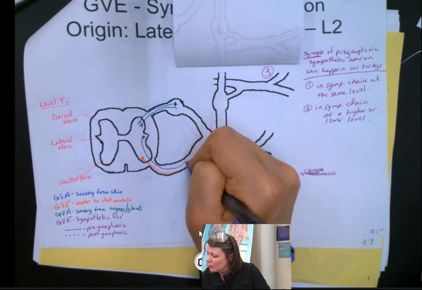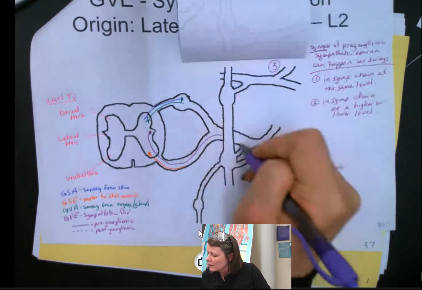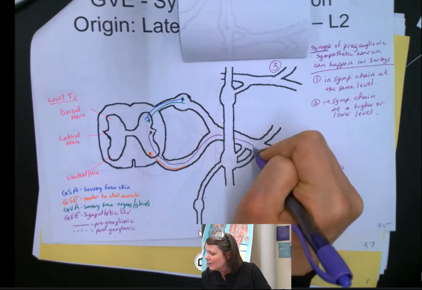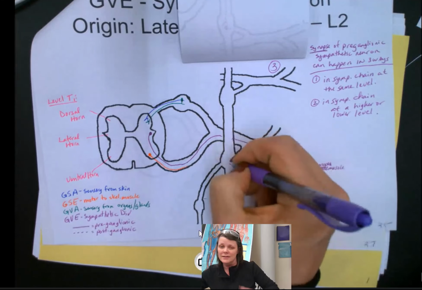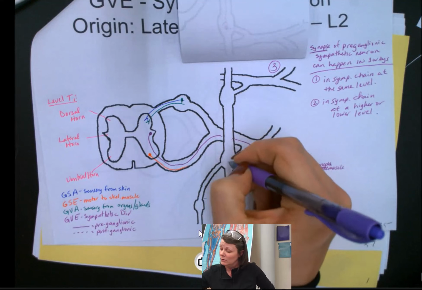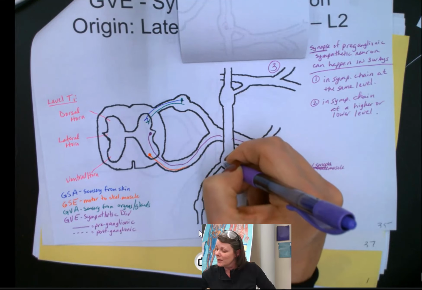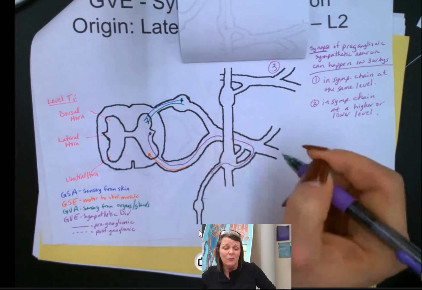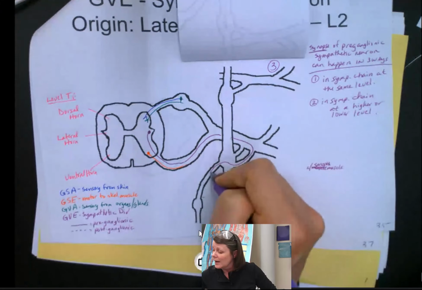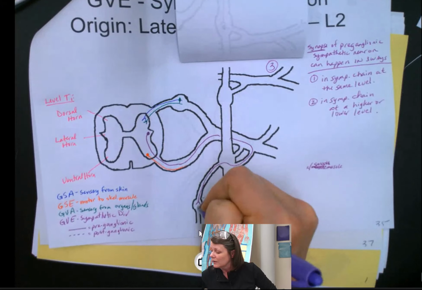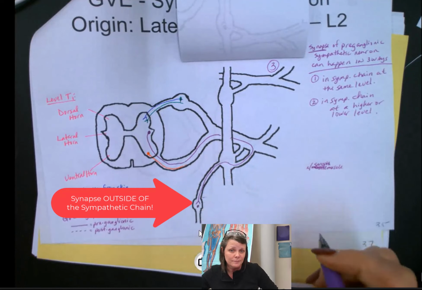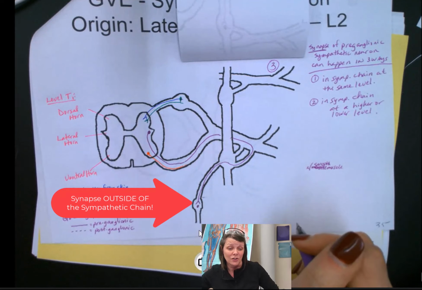Number 3 is that your preganglionic neuron does, in fact, enter the sympathetic chain as it's told, and then it says, peace out. I am leaving the sympathetic chain because I don't want to synapse anywhere in the chain. I'm just going to leave because I know that there's a ganglion somewhere else for me outside of the sympathetic chain.